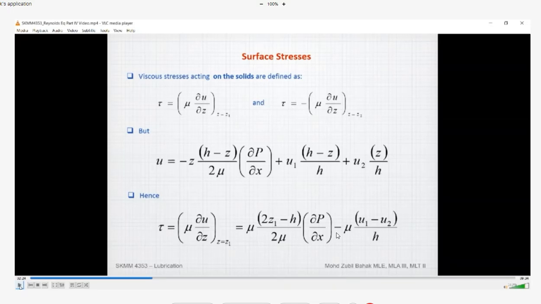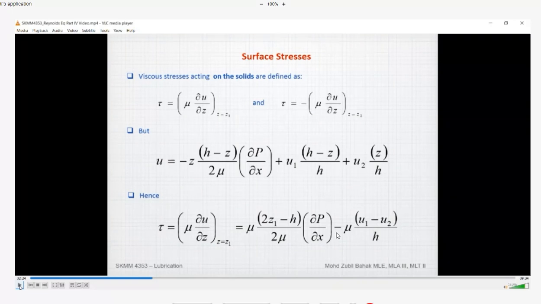Okay. So now we just finished the velocity. So now we know the velocity of the fluid between the two surfaces. Maybe it is moving relative to each other, or maybe it's not.